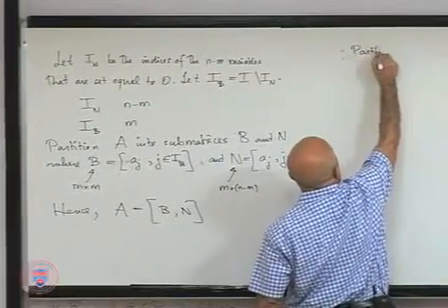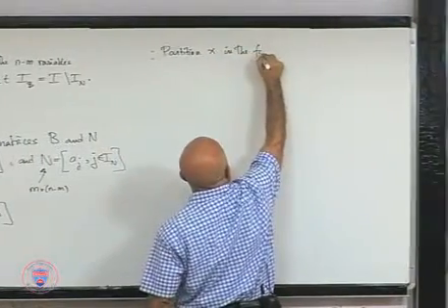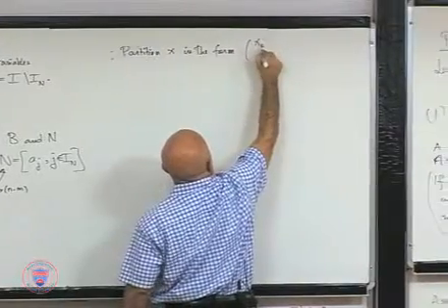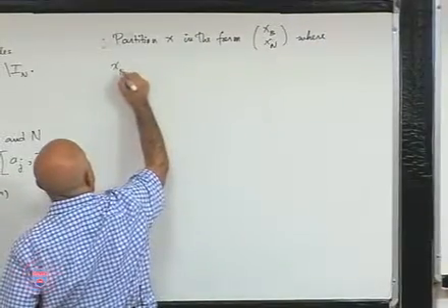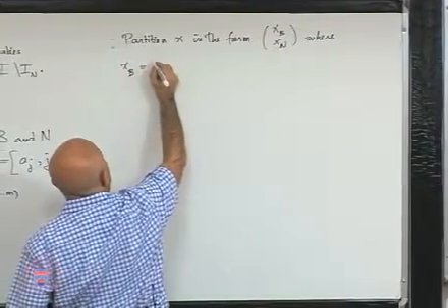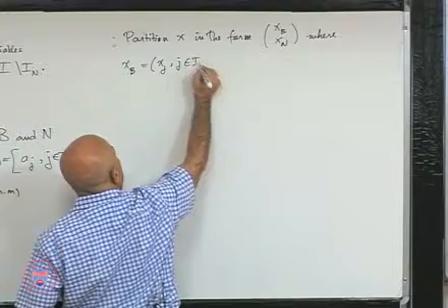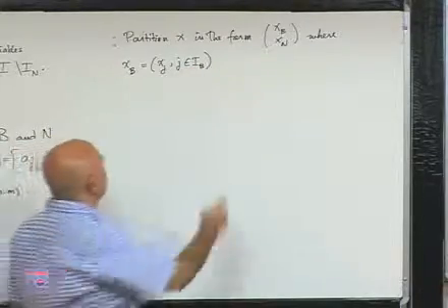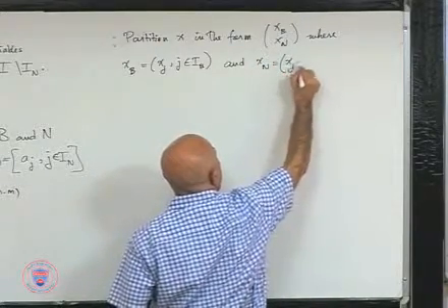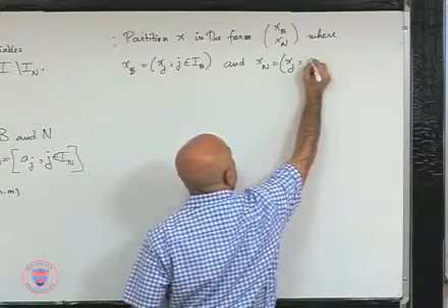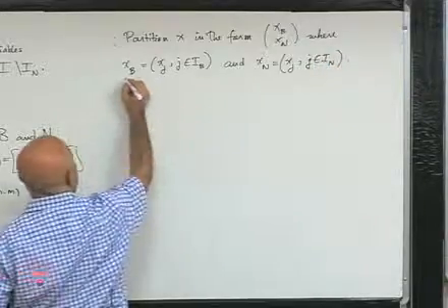All right, so partition x in the form x_B, x_N, where x_B is the column vector consisting of those variables whose indices are in I sub B, and x sub N is the column vector whose components are those that are in I sub N. So this is a column vector.